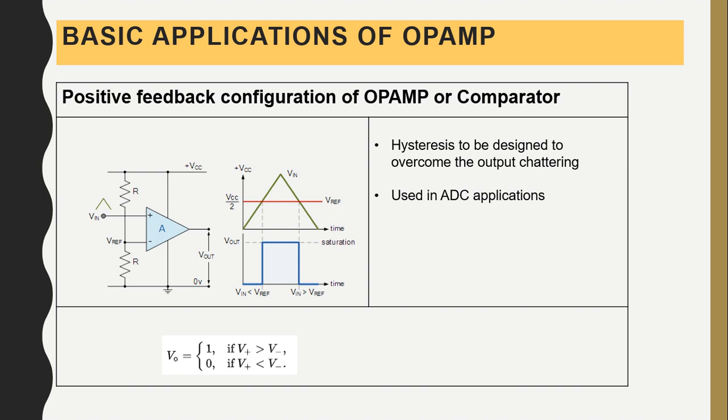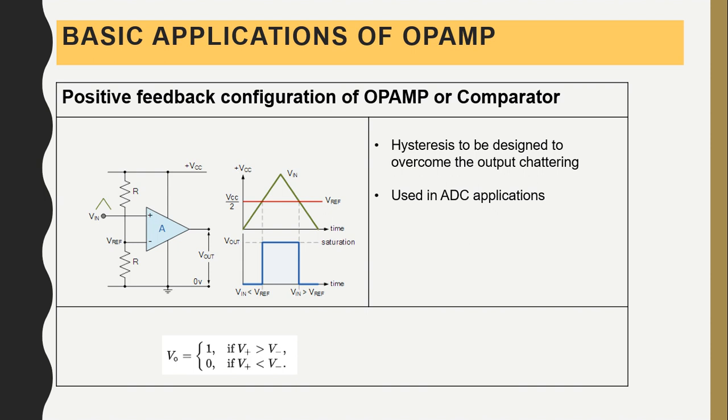Here, hysteresis is to be designed to overcome the output chattering. For example, if we use the circuit as it is, it will result in a chattering output. You need to add a feedback resistor. It is a challenge for the designer to select the hysteresis value to meet its input requirement.